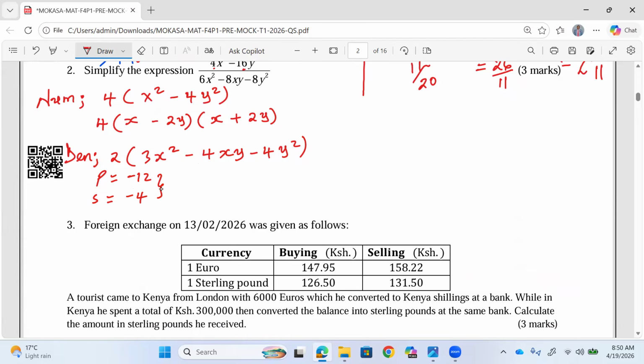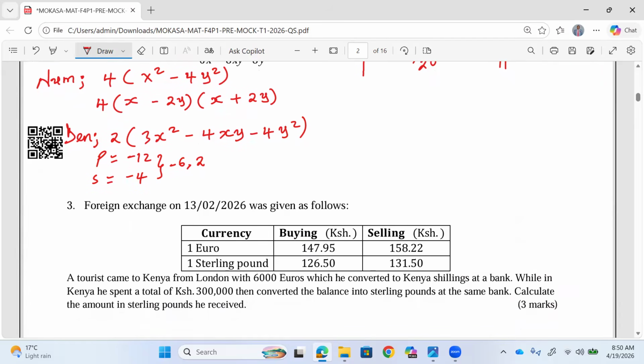So we now need to get two factors which when multiplied shall give us negative 12, and when added shall give us negative 4. So this is negative 6 and positive 2. The product is negative 12. The sum is negative 4. So now we substitute the b with these factors.